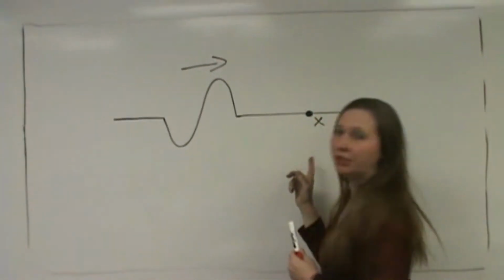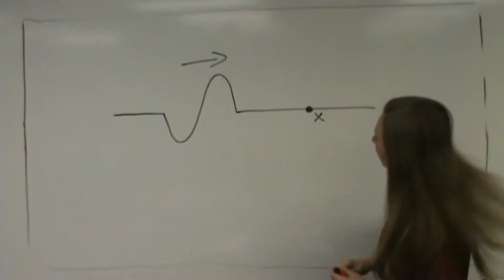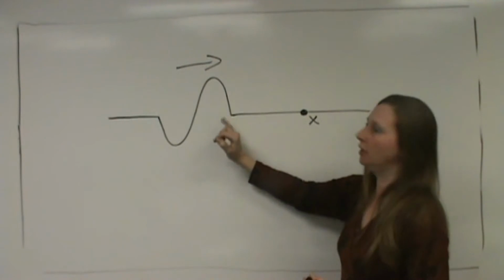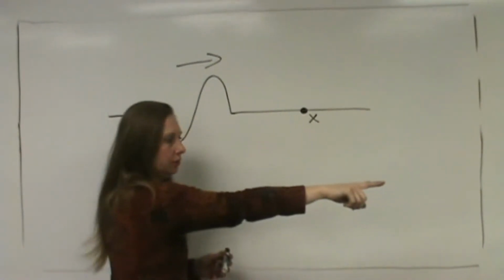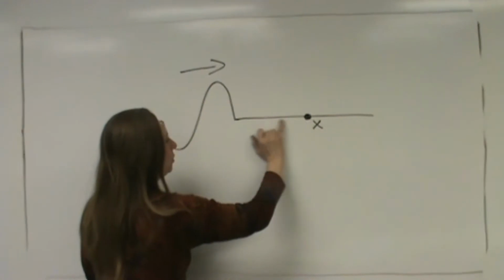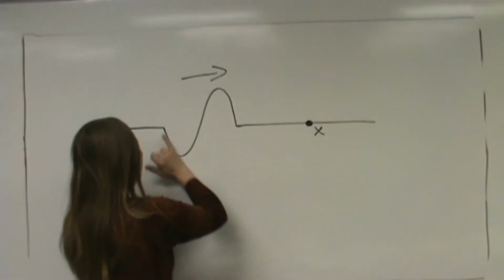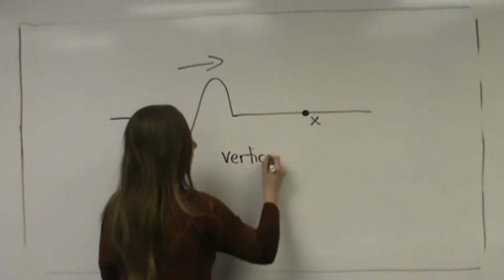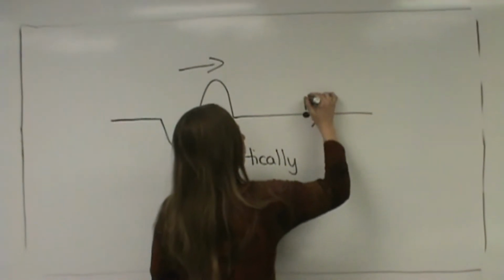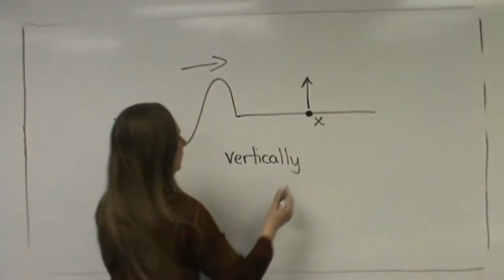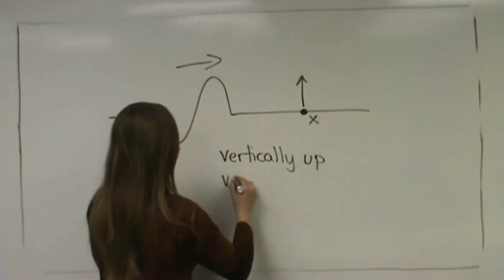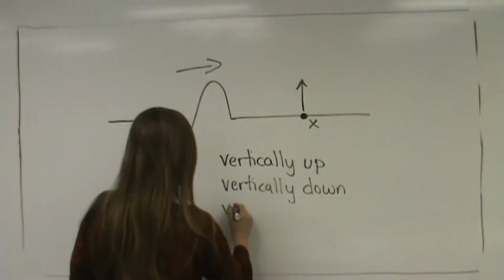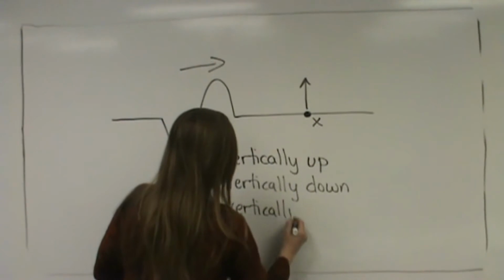All you need to really do is take your finger and just work backwards. If the wave is going in that direction, then you just move your finger backwards. So point X will go first up, then down, then up again. So that would be vertically up, in other words, straight up. X would go straight up as the wave gets to it, then straight down, and then vertically up. And again, once the wave has passed, point X is right back where it started from. Its displacement is 0.